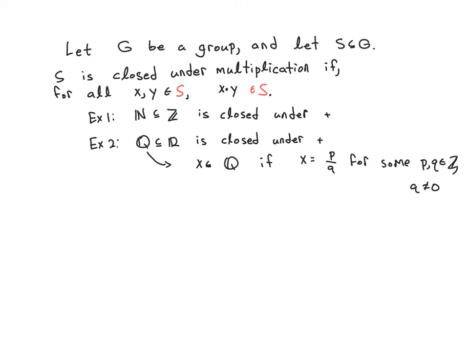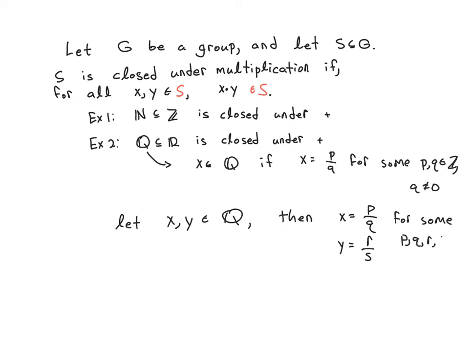Well, how do you know that's true? Take x and y in Q. Then x is of the form p over q, and y is of the form r over s, with p, q, r, and s all integers. And of course, we need the denominators to be non-zero.